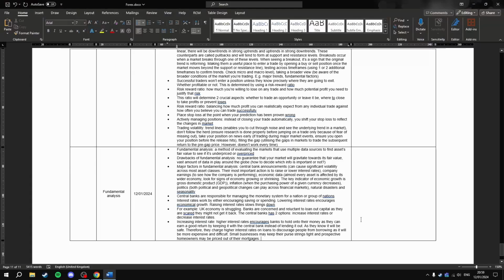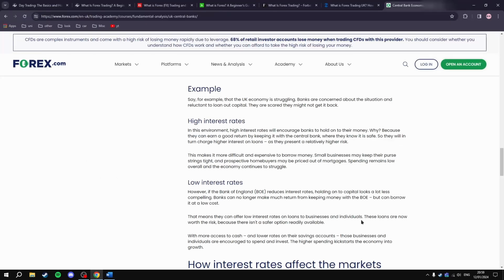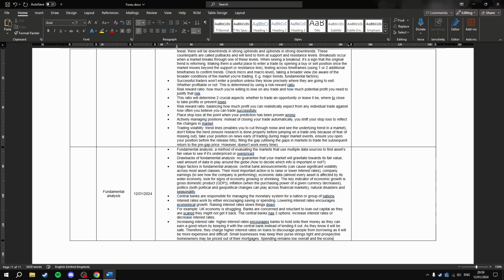Spending remains low overall, and the economy continues to struggle.